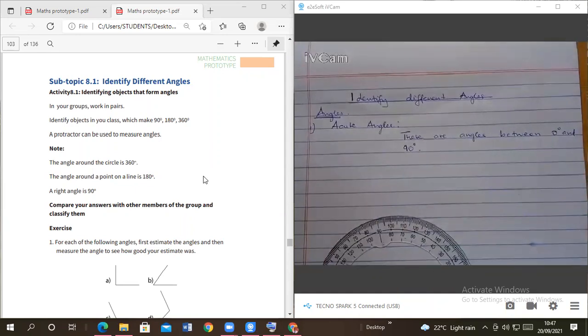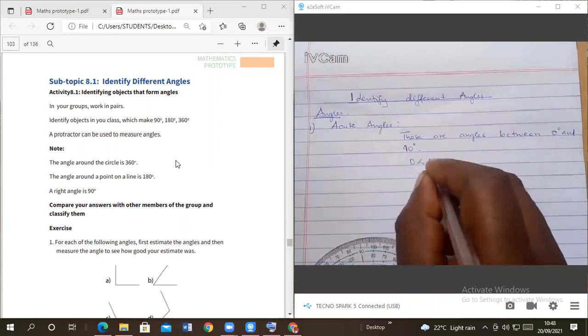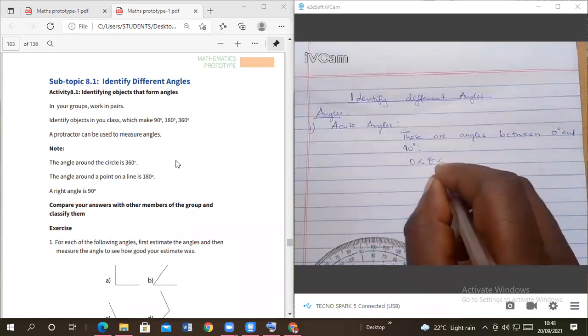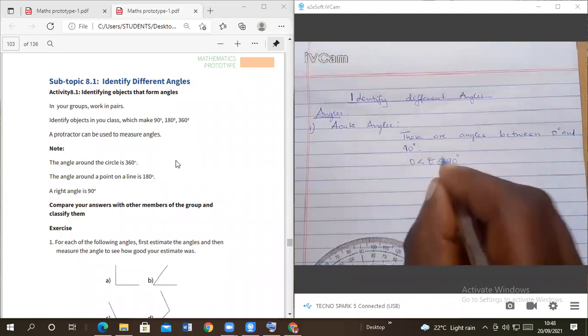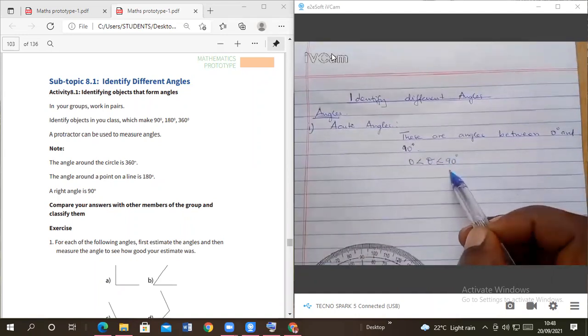Those are the acute angles. So angles between 0 less than or equal to theta, less than or equal to 90 degrees. These are what we call the acute angles, in between 0 and 90 degrees.